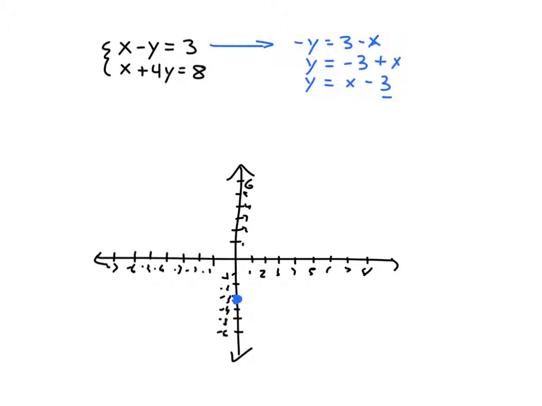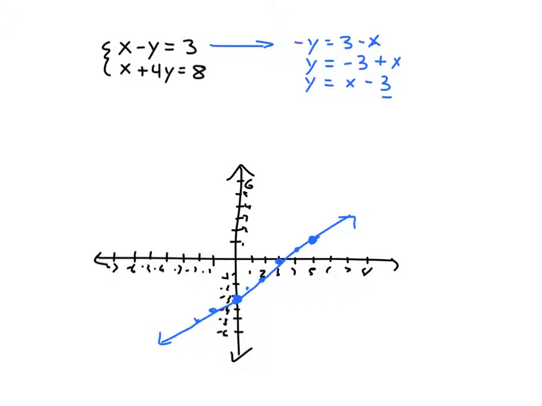Let me do a few points there. I can do some points in the other direction too. Okay, good enough. Something like this. So that's the first equation.